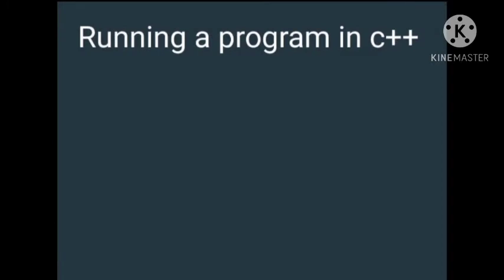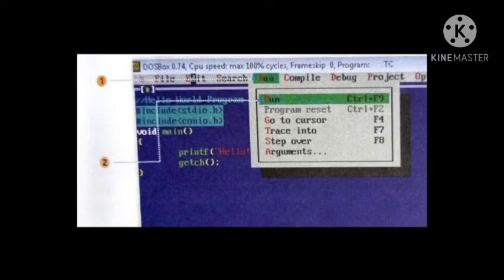Then, when you write a program, you need to run it, right? So how do you run a program? To run a program, you have to select the Run option from the menu. You can see on your screen, here is Run. Select this Run option and then click on Run.